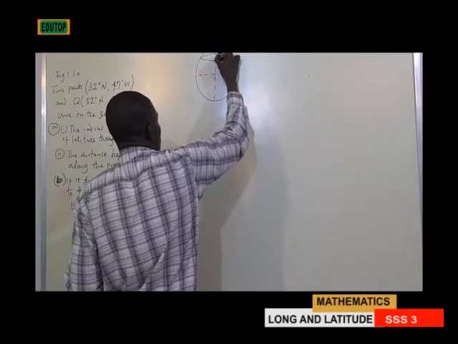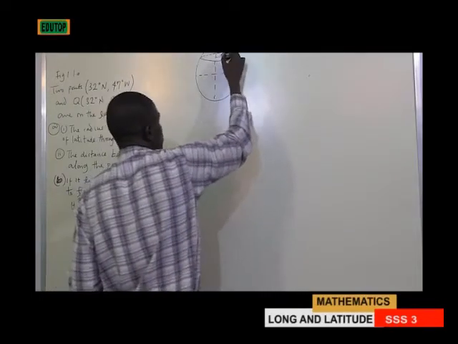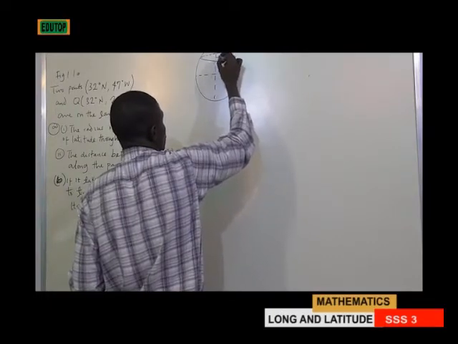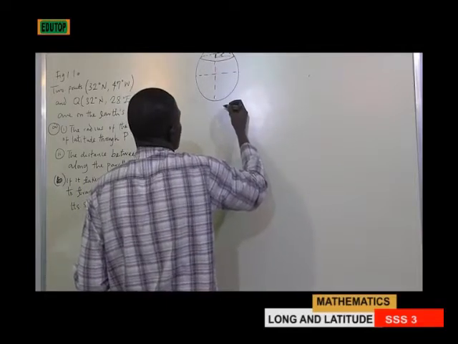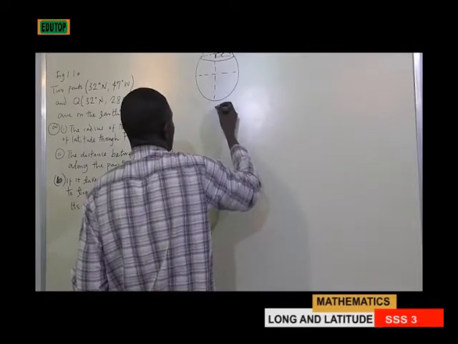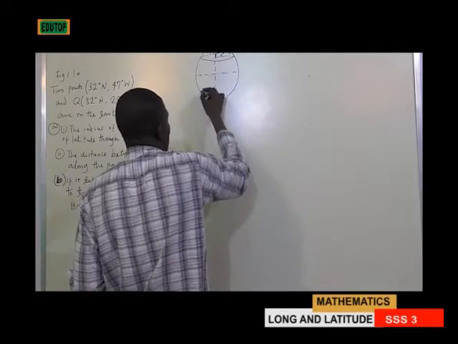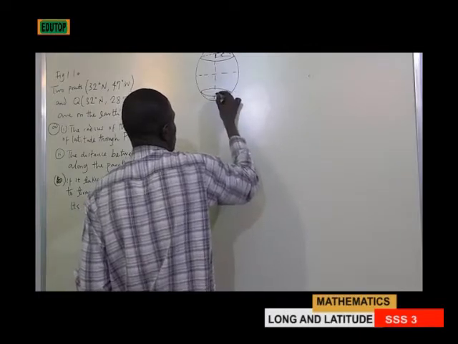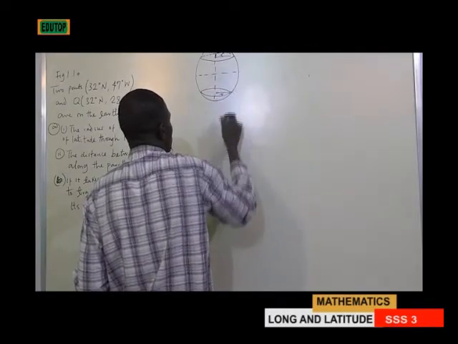So this is our R. So the distance along small circles is what we are to determine. So if you are asked to determine the distance along small circles, this is R.